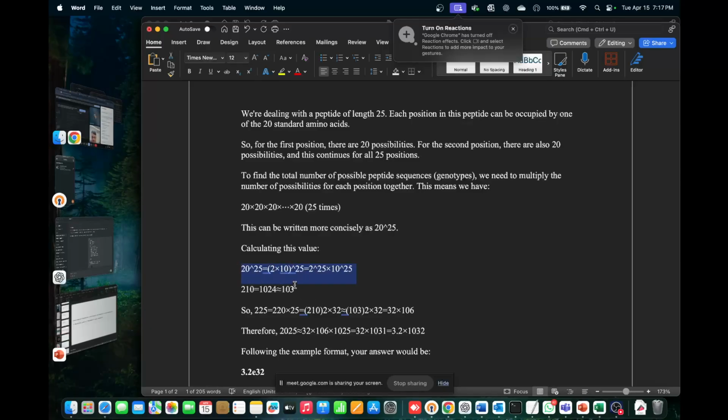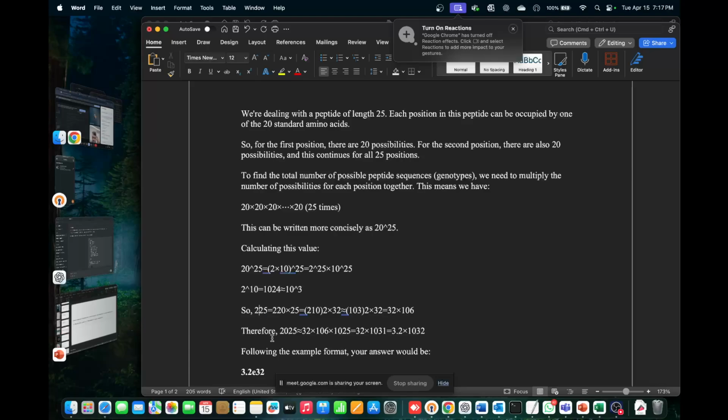Yeah. Now you calculate this 2 to the power 10. If you do 2 to the power 10, it is approximately 1024, which is approximately 10 to the power 3, right? So you have calculated this as approximately 10 to the power 3.